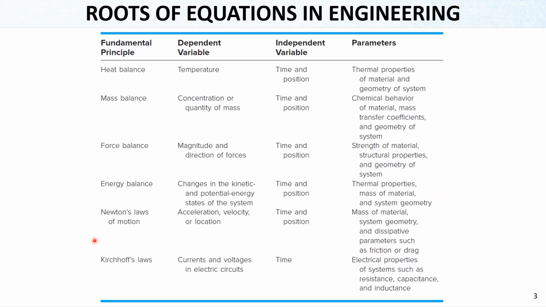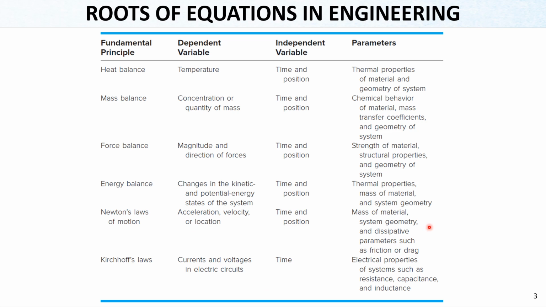For Newton's laws of motion, which is F equals m times a, the acceleration a, the velocity v, or the location are the dependent variables that we want to find, for example, and time and position are the independent variables.